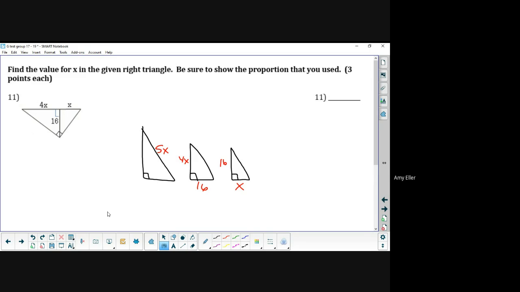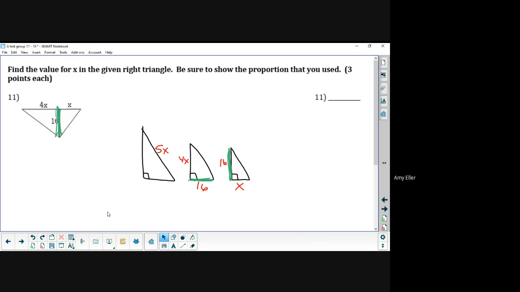Please, please, please double check your altitude. Here's what I mean by that. When you're done setting up your triangles, find the altitude. It should always appear here and here. My altitude was 16. 16 is here. 16 is here. That means I did those correctly.